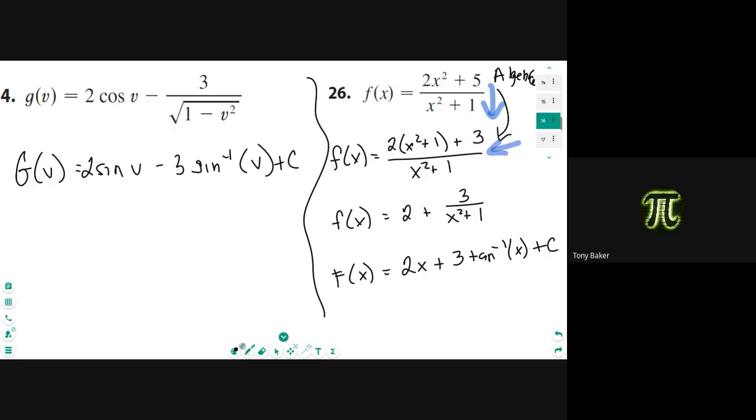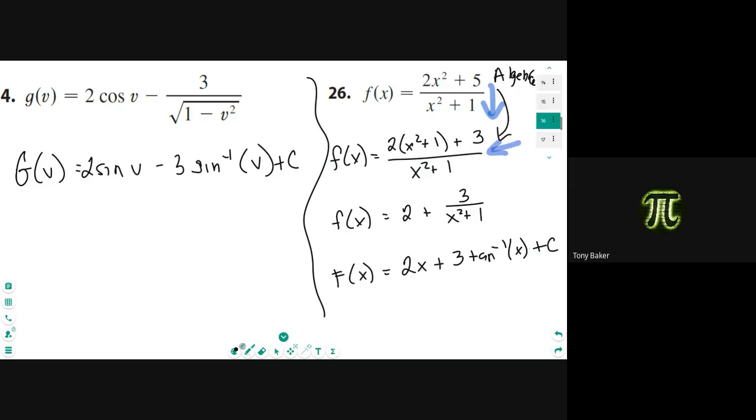What you'll learn in Calc 2 is you actually have to do long division on that. If you do long division on it, you go directly to that. But I don't think any of you would have remembered how to do long division.